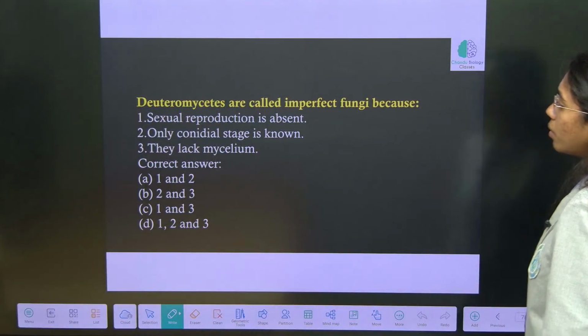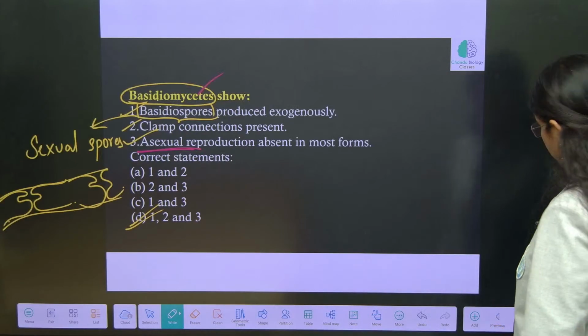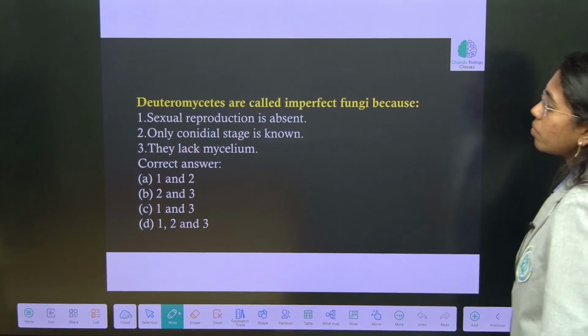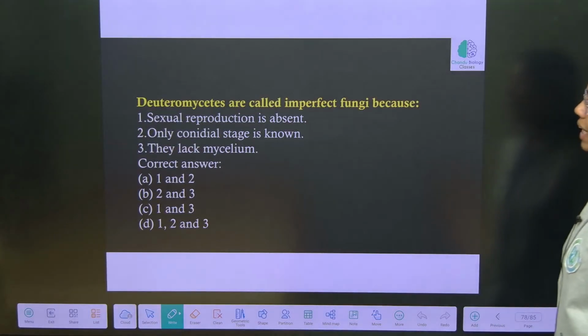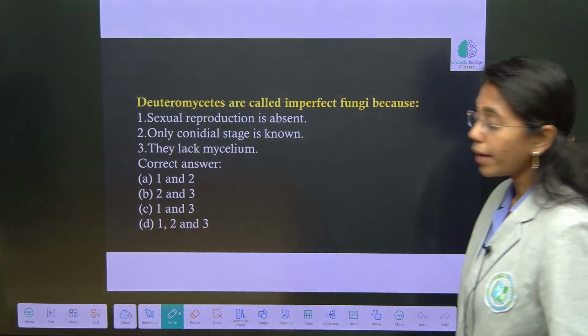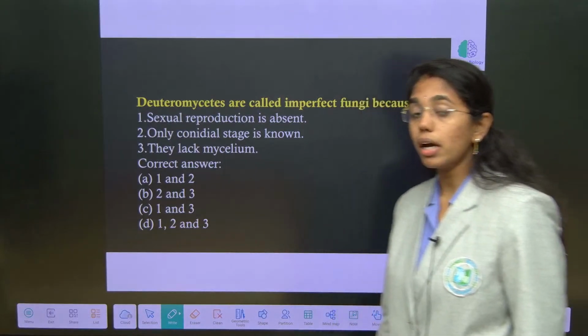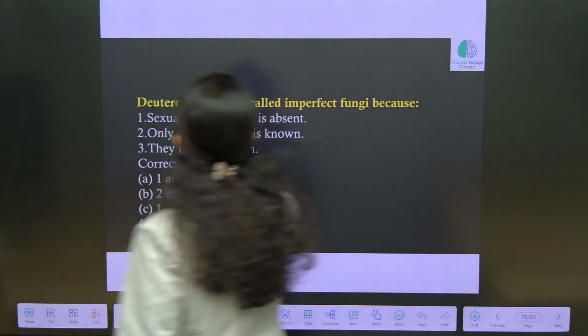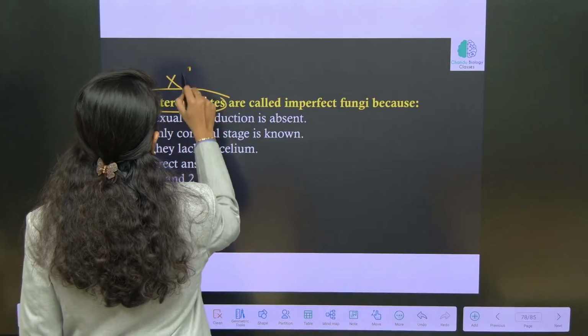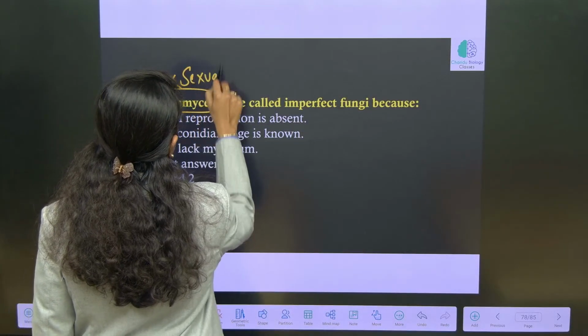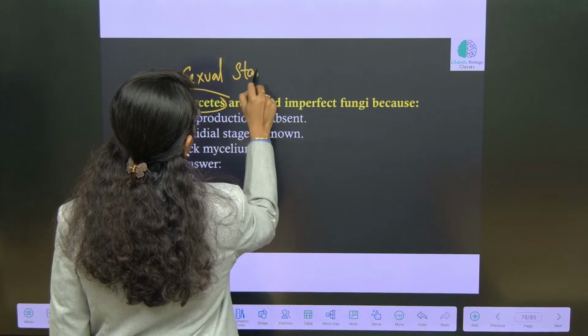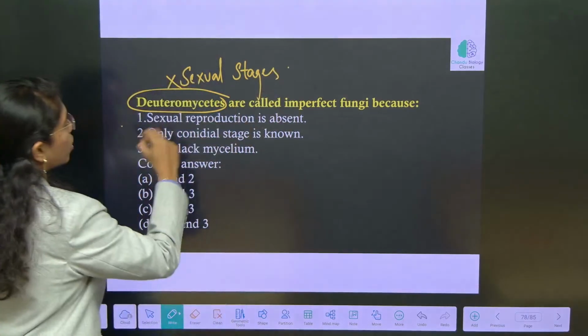Next is Deuteromycetes. Deuteromycetes are called imperfect fungi. Why are Deuteromycetes called imperfect fungi? Because they do not have perfect sexual stages. Sexual stages are absent. True.